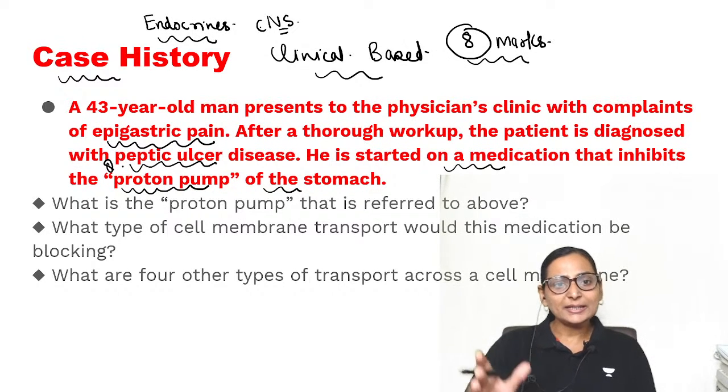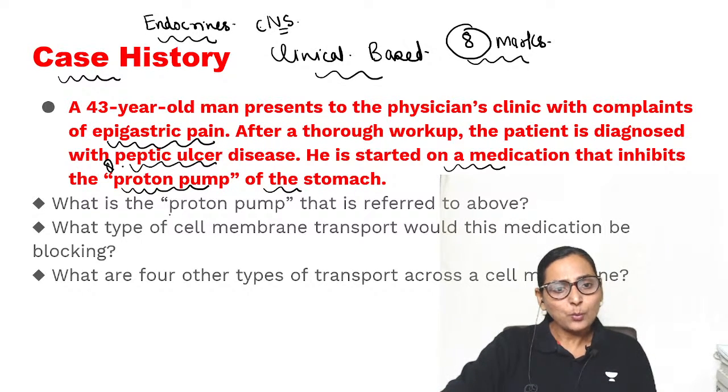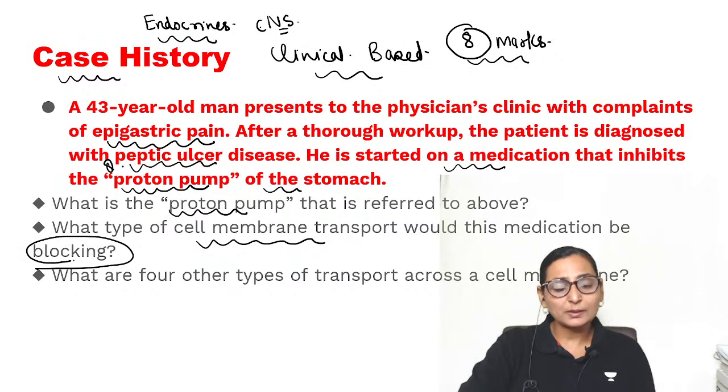Yes. Now, a clinical history is being given to you. The question is 8 marks, and I'm going to ask you: one, what is the proton pump that is referred to here? Second, what are the types of cell membrane responsible over here which the medication is going to block? Third, what are the four types of transport process across the cell membrane?